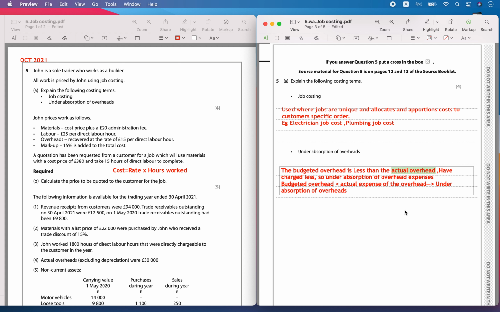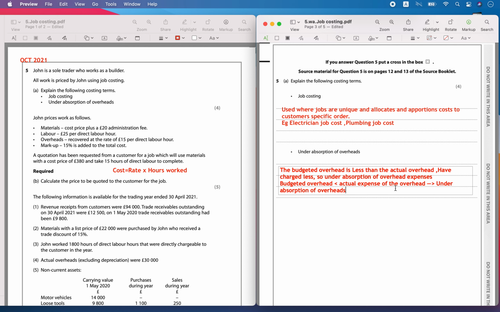So I'm going to use the overhead recovery rate to calculate my budgeted overheads and my actual overheads that are incurred, and find the difference between these two. If my budgeted overhead is less than the actual overhead expense, that means I have under absorbed the overheads.